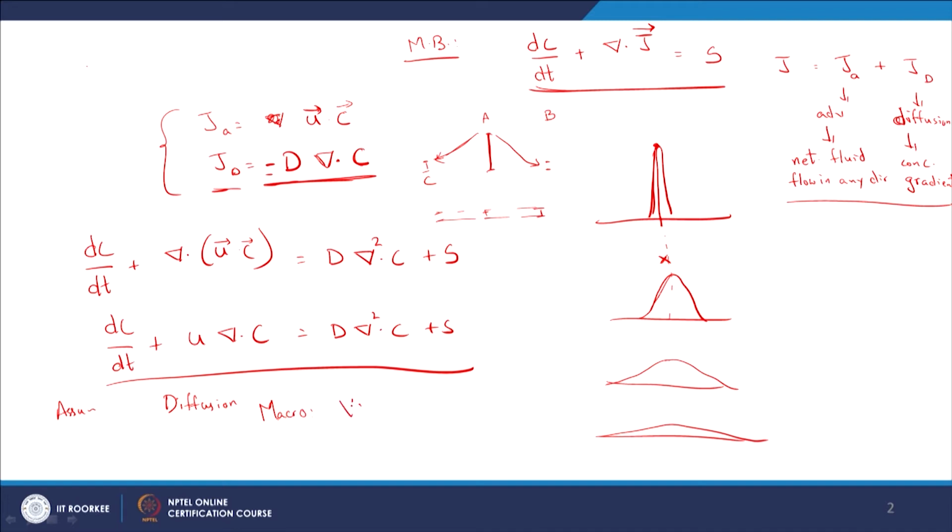We have V dC by dt is equal to Q in C in, this is coming in, minus Q out C out, going out, plus volume times rate of formation minus rate of loss. This is the one that looks at the relevant reactions, right? And this is the accumulation term.